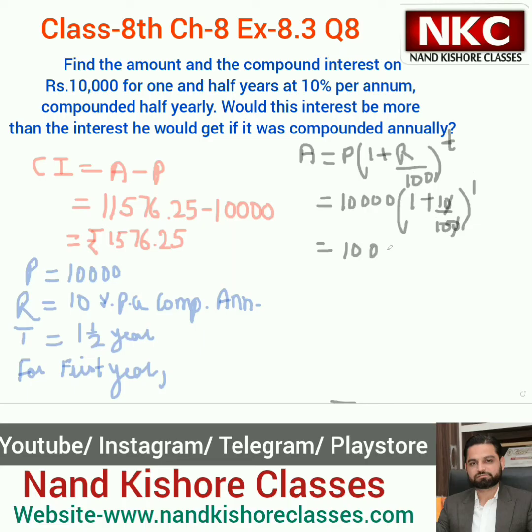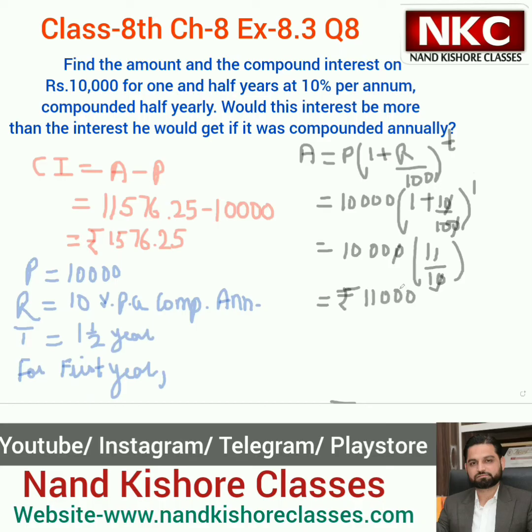So we get 10,000 into 11 by 10. One 0 is cancelled. So my amount becomes 11,000 after 1 year.